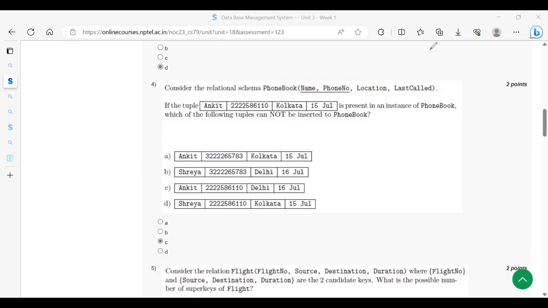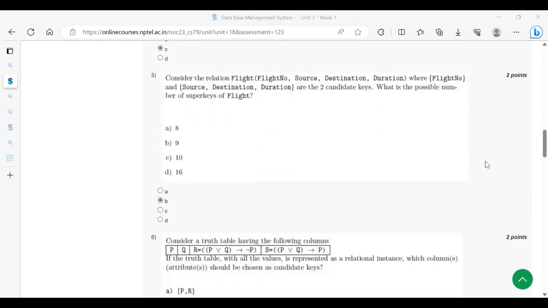Now we go to the fifth question. Consider the relation flight number, source, destination, duration. They are going to ask what is the possibility of super keys. So what is the name of the table? Flight. Flight has flight number, source, destination, and next we have duration.